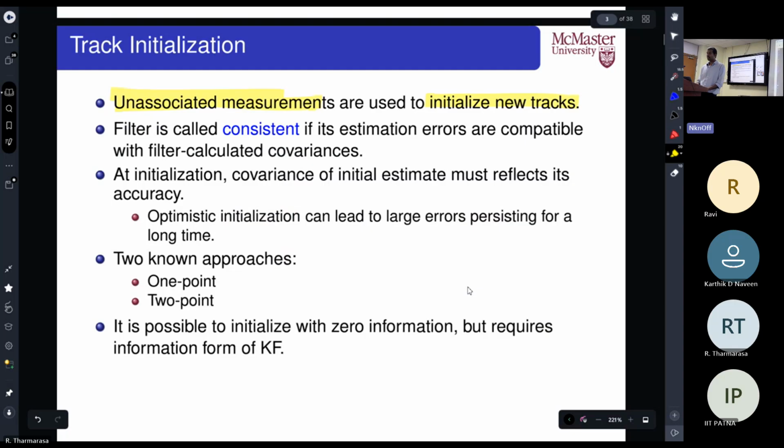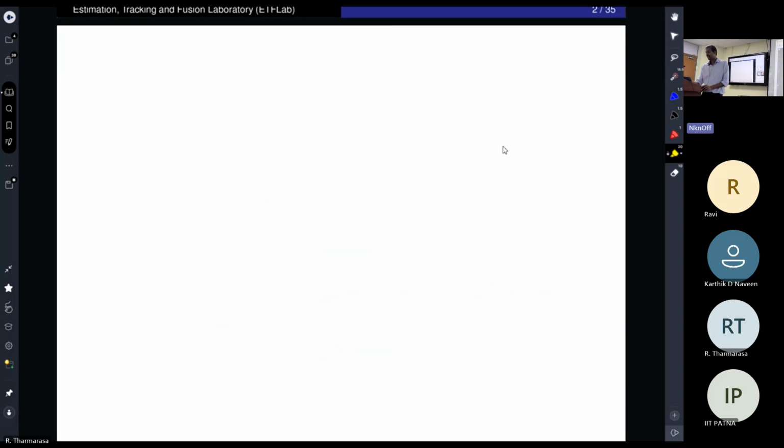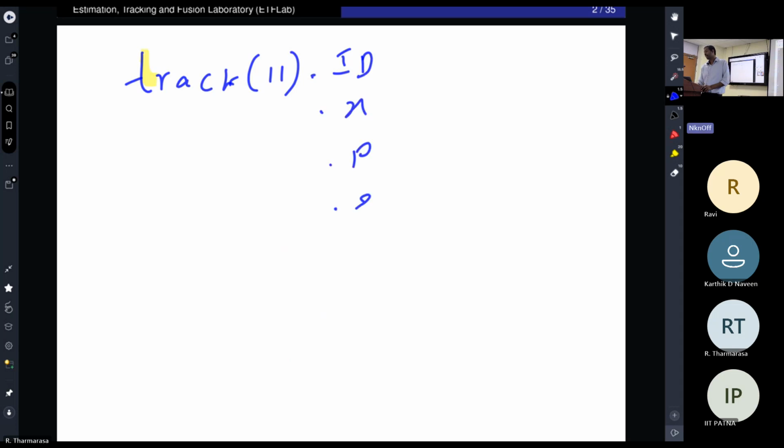So next, we are going to talk about initializing a track. Say we already have 10 tracks and I'm going to create a new track. So we want to give it an ID, X, T, and state.